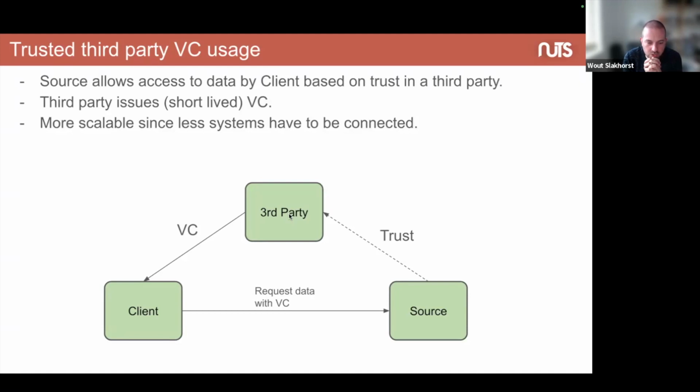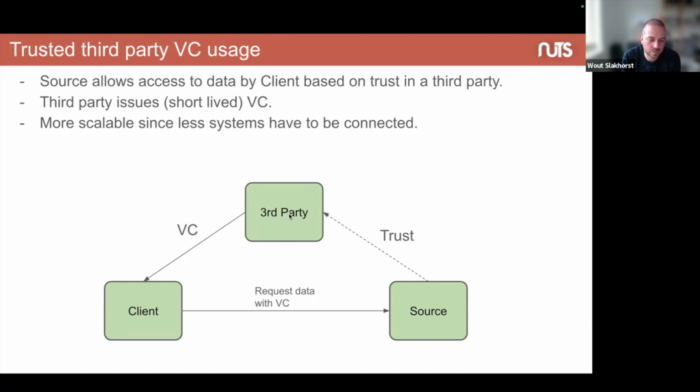So a third party issues a verifiable credential. Recommendation would be always make sure it's a short-lived credential, or at least not valid indefinitely. And then that client can use that verifiable credential to get data with the source, right?